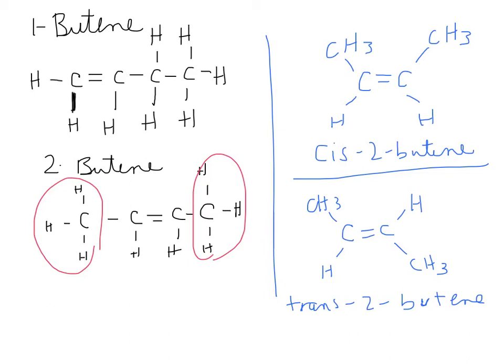Okay, so then, let's see, I had a page of notes here. All right, so I'm going to do one more page, and this molecule is 1, 2, 3, 4, 5, 6, so there's 7 carbons.